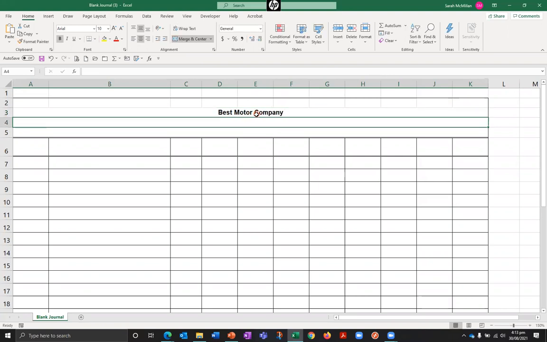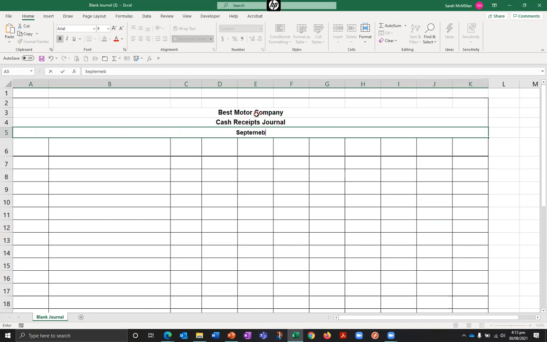Our second line is going to be what the journal is called. And our third line is the date range. Now, if you remember, our instructions on the top of page 101 say that it is for September of this year.